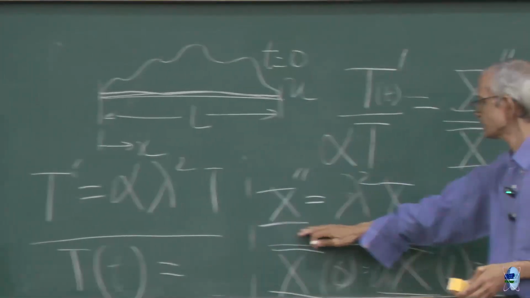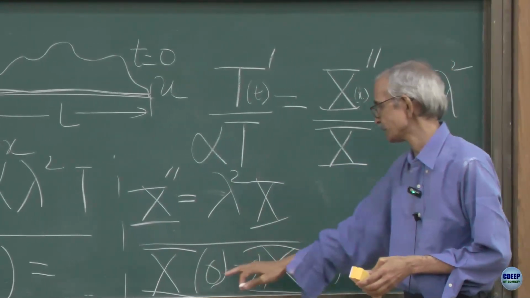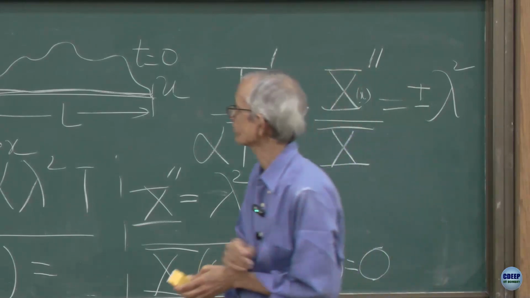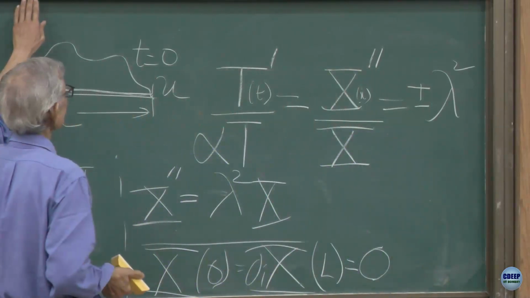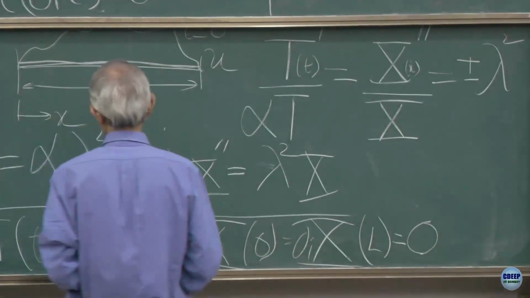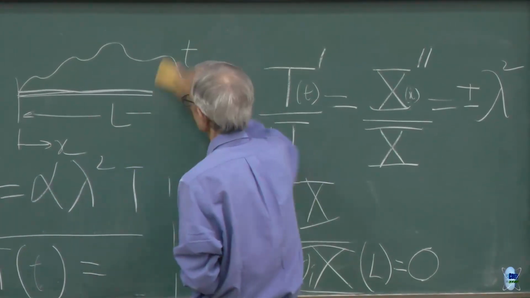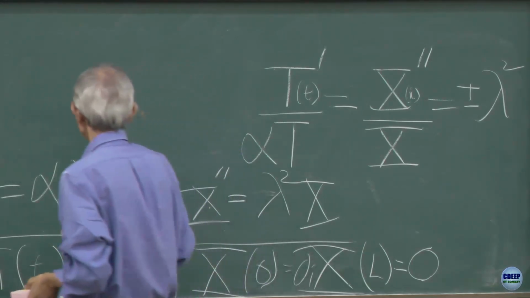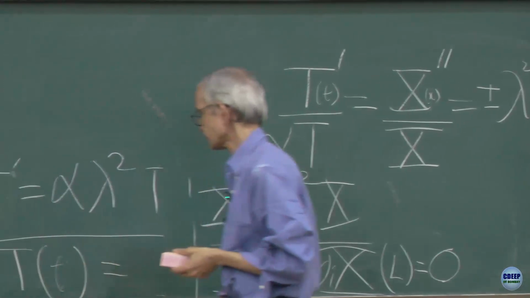So I've got X double prime equal to lambda square X, X of 0 equal to 0, X of L equal to 0. Alright. Now let us see this expression here. Let's get rid of this here. Now what about this condition here?